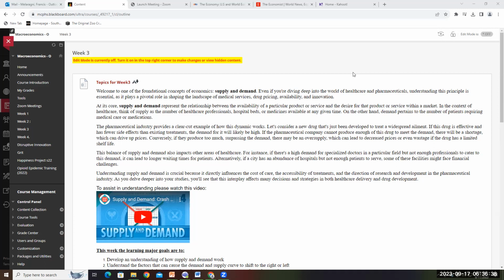And this includes both the healthcare and pharmaceutical industries. So understanding supply and demand is crucial because it directly influences the cost of care, the accessibility of treatments, and the direction of research and development in the pharmaceutical industry. So let's take a look at some of the details around this topic.